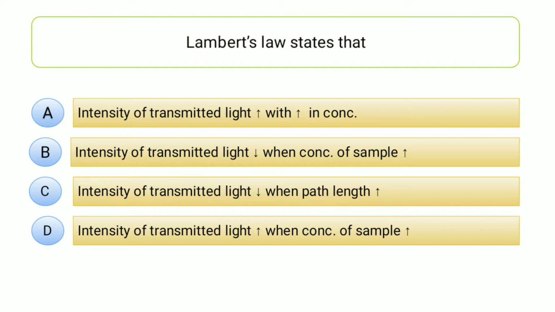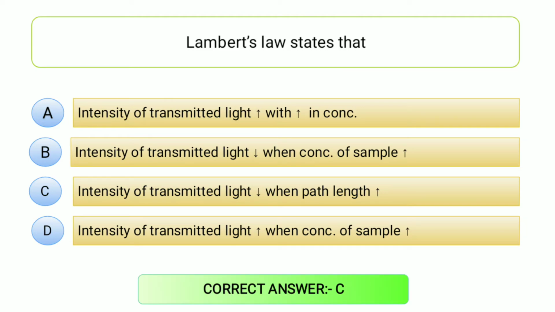So students, Lambert's law is about the path length. Therefore the correct statement is option number C, that is intensity of transmitted light decreases when path length increases.